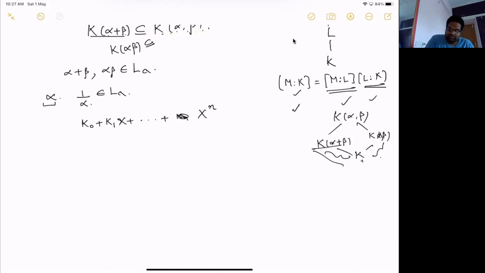So this is the minimal polynomial which alpha satisfies. We will have k_0 plus k_1 alpha plus ... plus k_{n-1} alpha to the power of n minus 1 plus alpha to the power of n is equal to 0.